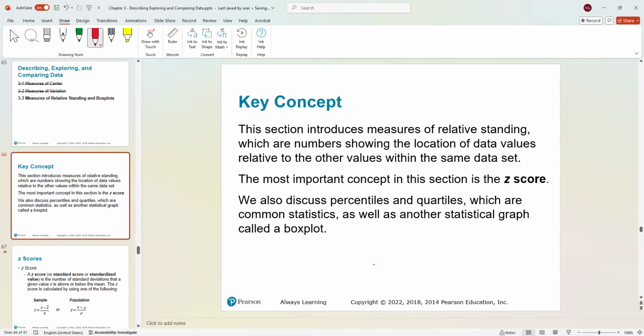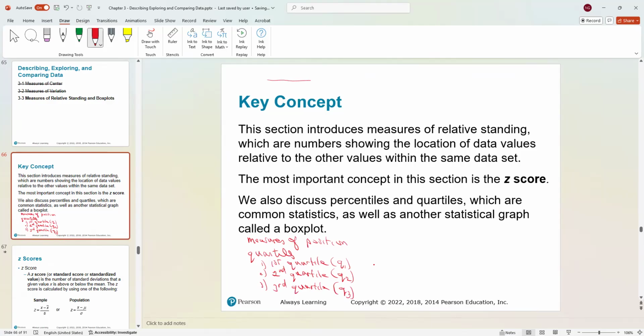What we mean by measures of position are the quartiles. For the quartiles, we have the first quartile, or Q1, the second quartile, or Q2, and the third quartile, or Q3.